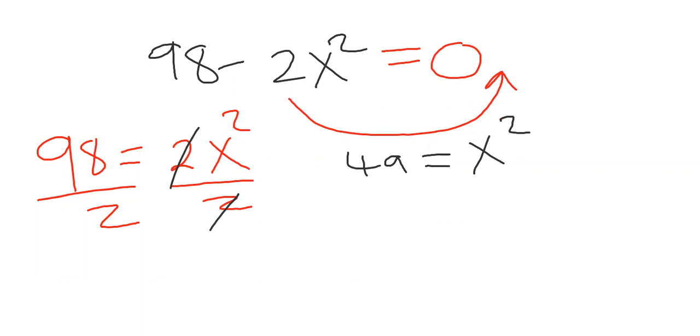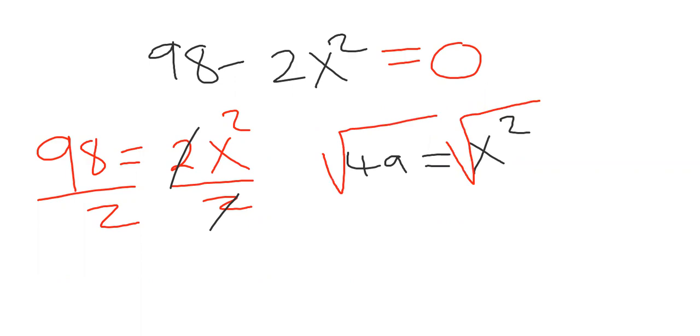Then we do the same thing. We take the square root of both our numbers. Square root of 49 is 7 and negative 7. Square root of x squared is x and negative x. Then we do the same thing.